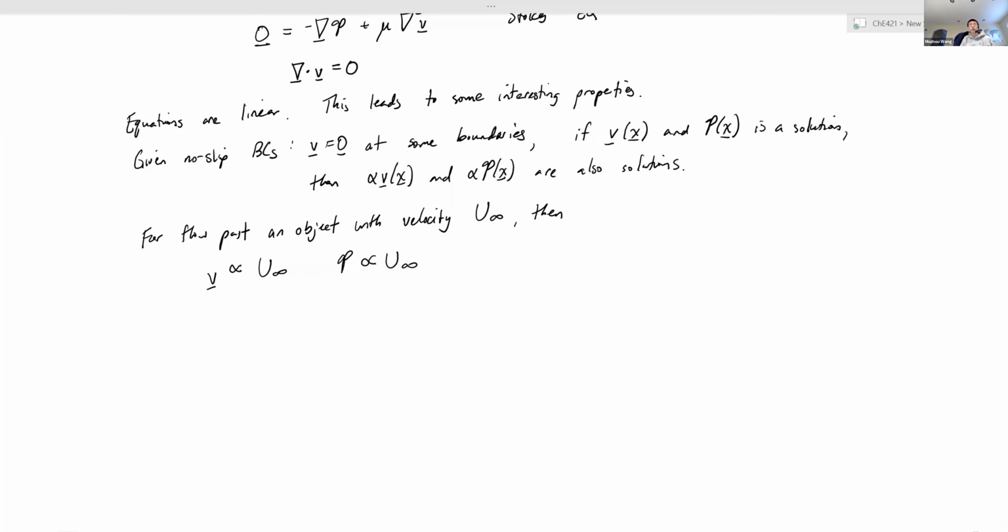What defines the drag force is some combination of the form drag, so if you were to integrate the pressure across the surface of the object, and the viscous drag, so if you were to integrate the shear stresses, which come about from the derivative of velocity. Both of those things are linearly proportional to u infinity. And so therefore, the drag force, which we can call F, is also proportional to u infinity.